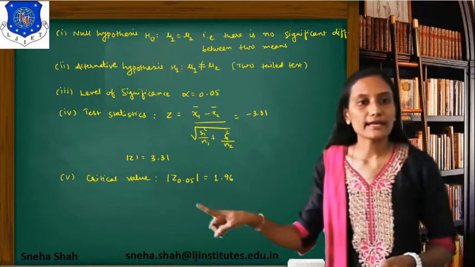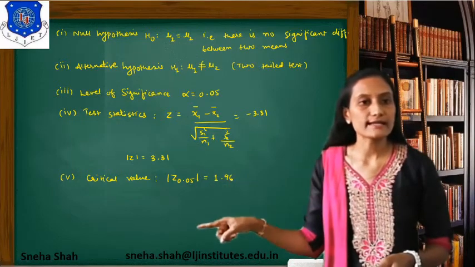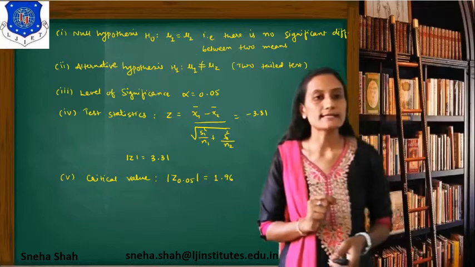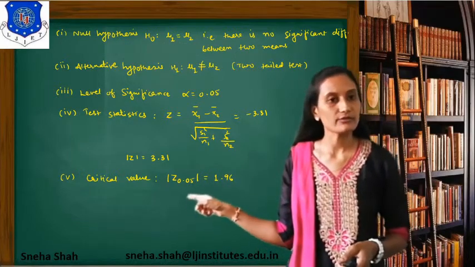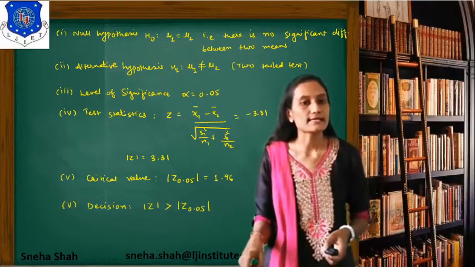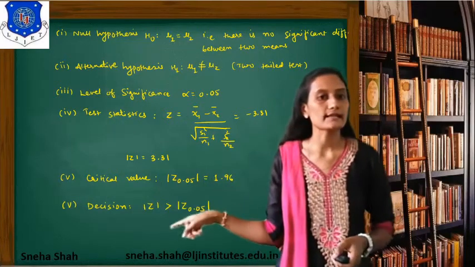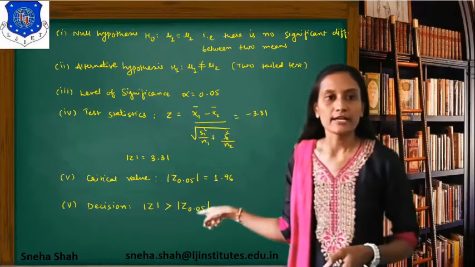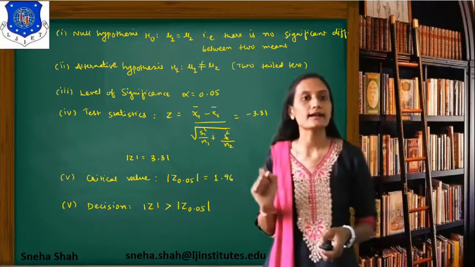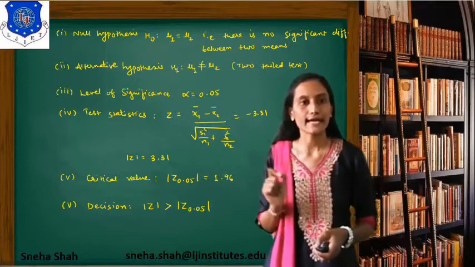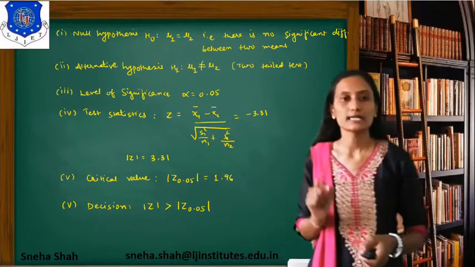Now if we compare these two values, mod z with z 0.05, you can see that mod z is greater than mod z 0.05, right? As there is a greater than sign, we can say that the null hypothesis is not acceptable, or it is rejected.